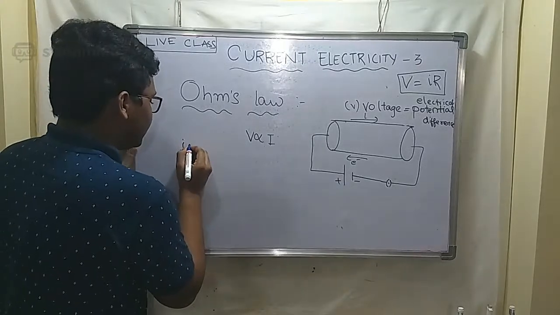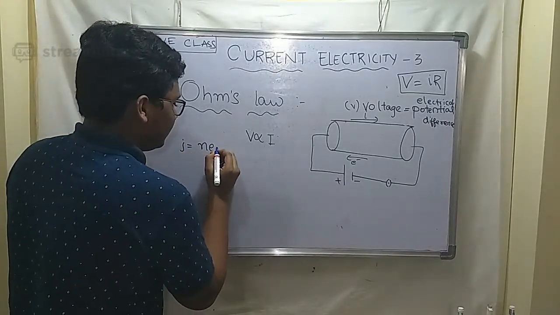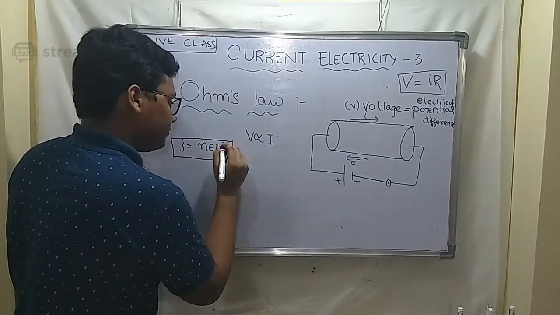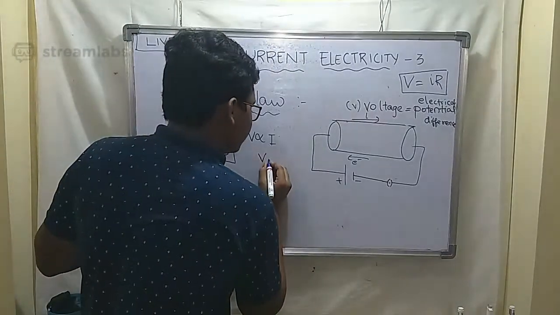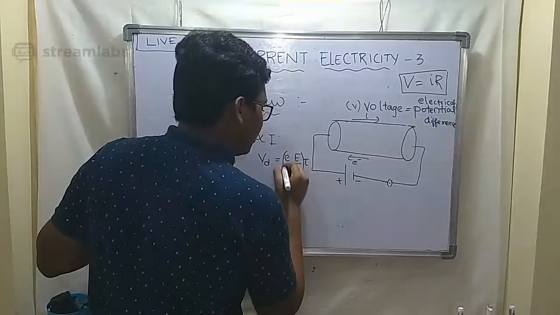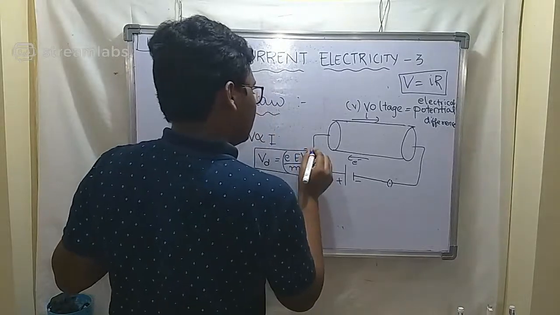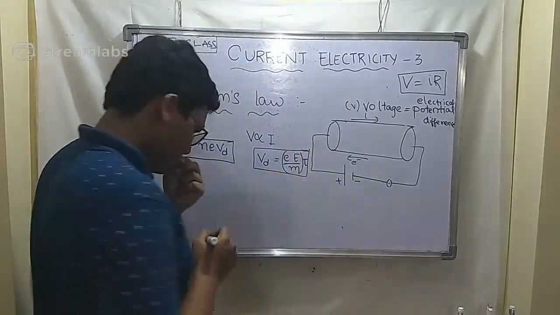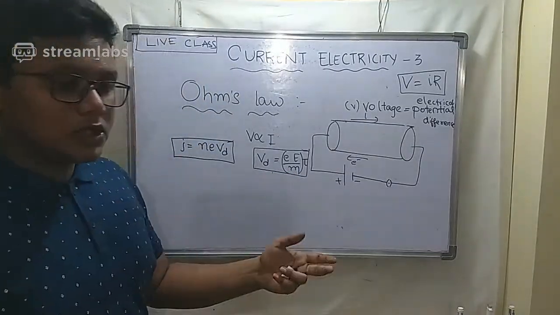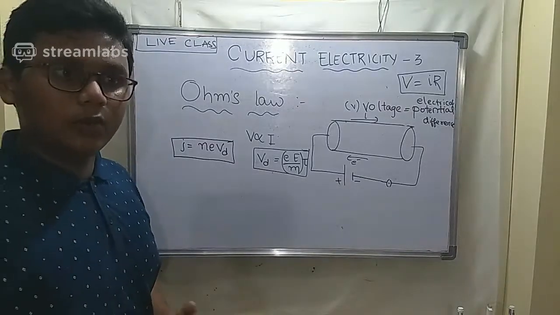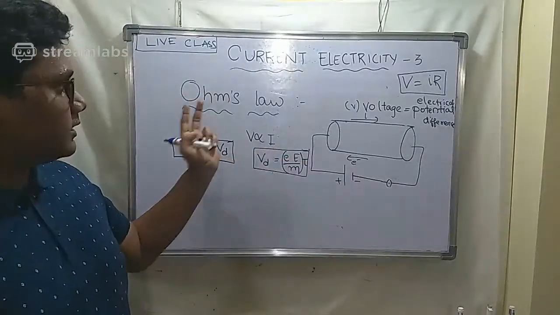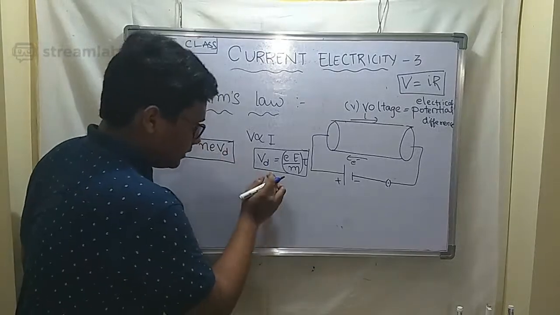We got two things: J is equal to NeVd, and this Vd is equal to E by m into tau, where tau is the relaxation time. By substituting, we are deriving Ohm's law. Theoretically it won't be more; numerically we should understand what it states.